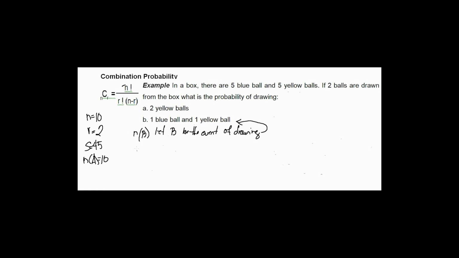Following the same formula, N(B), the number of event B happening, will be C(n,r) times C(n,r).